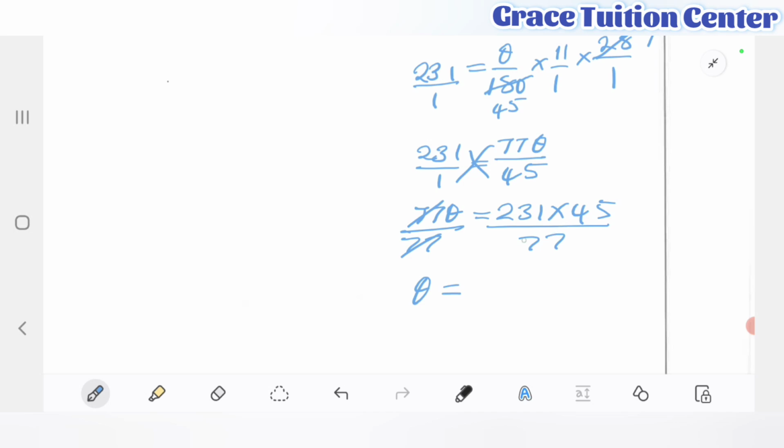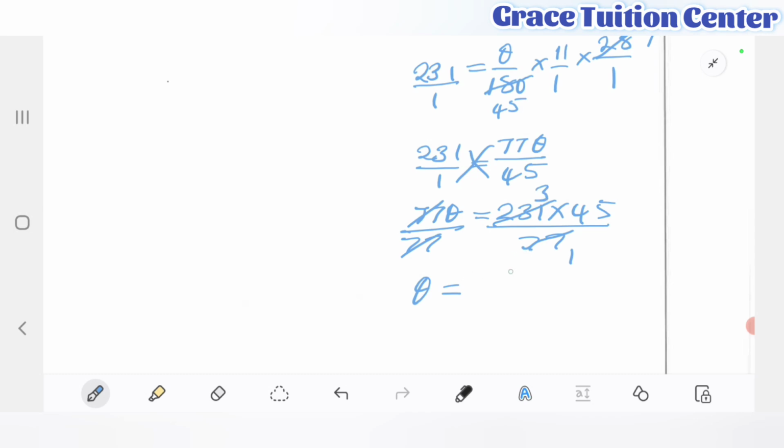Now, if you check these numbers here, you see that 77 can go into 231. So instead of me multiplying 231 times 45, then dividing by 77, that will carry more weight than just saying 77 into 77, 1. 77 into 231, we get a 3 there.